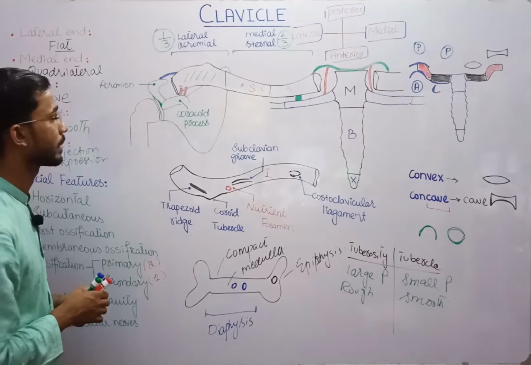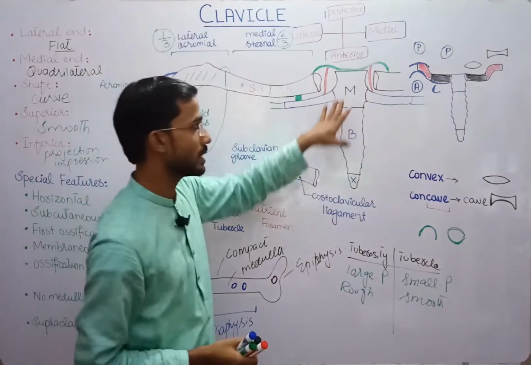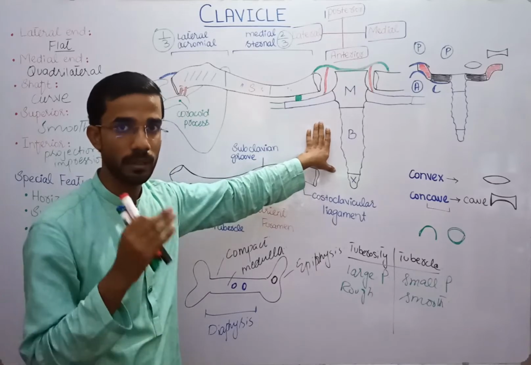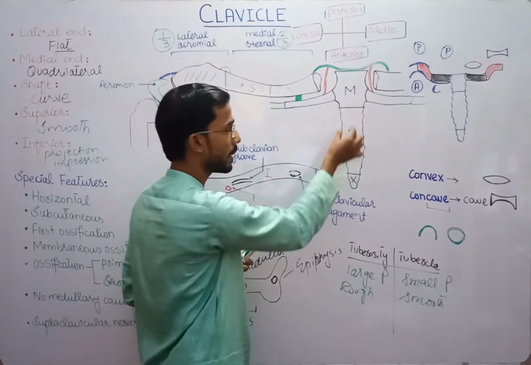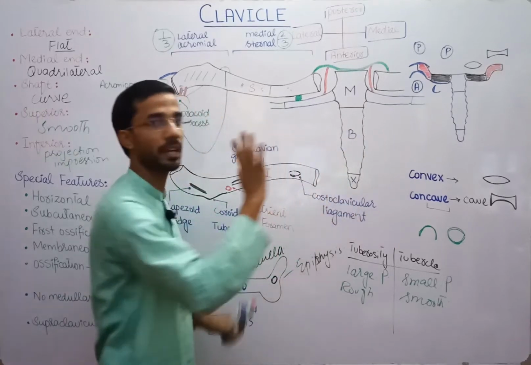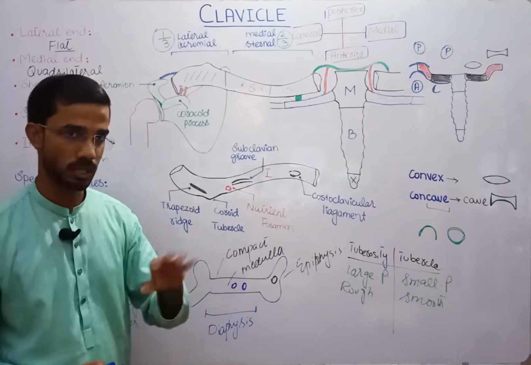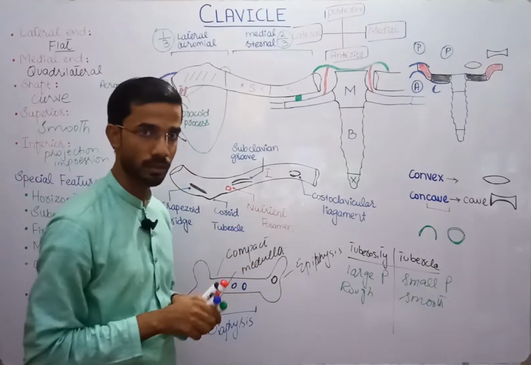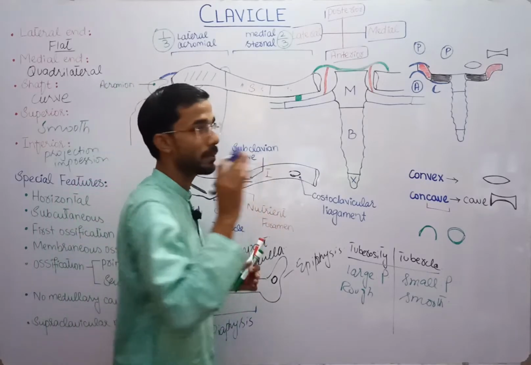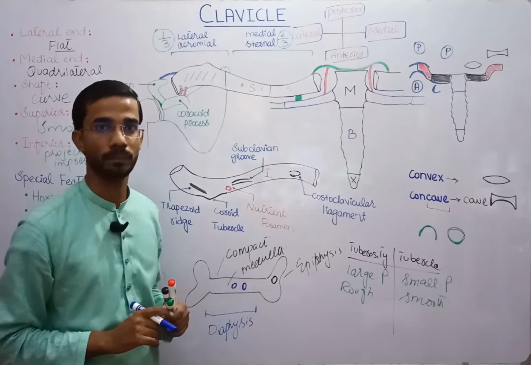Next we will see the clavicle, and this is the sternum, the center of the body. The sternum has basically three parts: manubrium, body and xiphoid. These are the three parts of the sternum, and different ribs are attached to it. Keep in mind, ribs are not directly attached to the sternum.